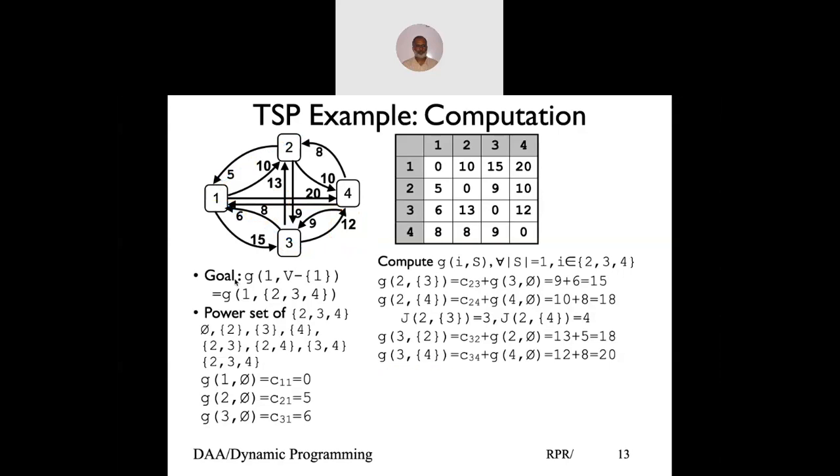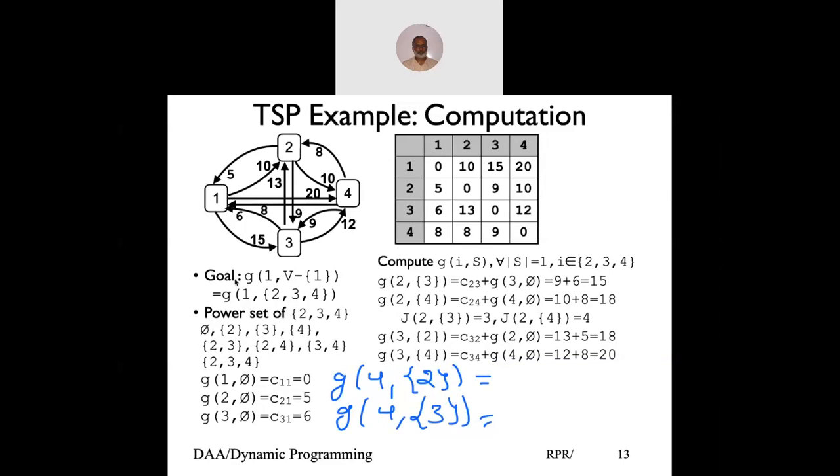Now G(4, {2}) and G(4, {3}). Can you compute that? Let me write it again. We need to compute G(4, {2}) and G(4, {3}).